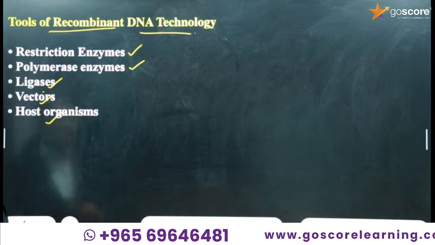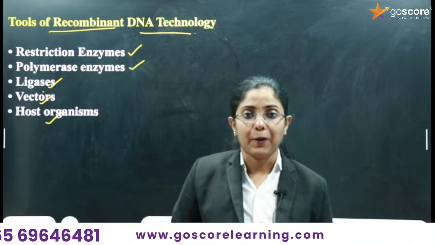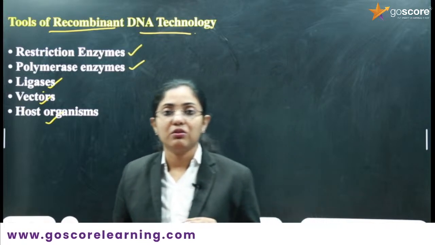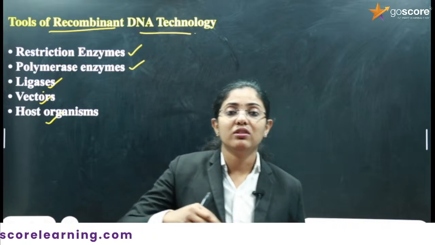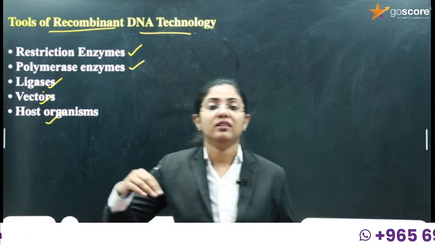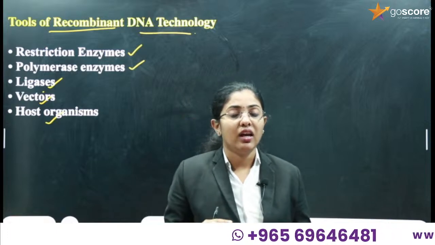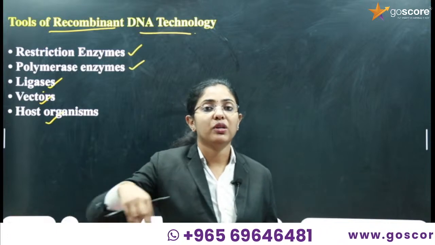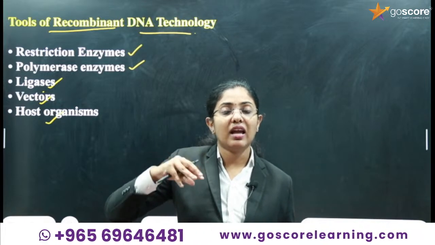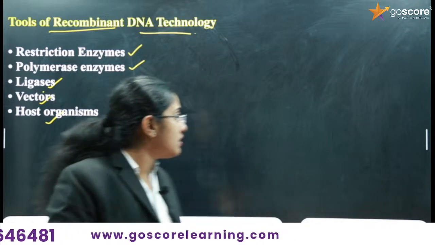Next, vectors. We know what vectors are. If you consider the case of malaria, it is a disease caused by a causative organism, and it is carried by the mosquito. There the mosquito is acting as the vector, spreading the parasite to humankind.